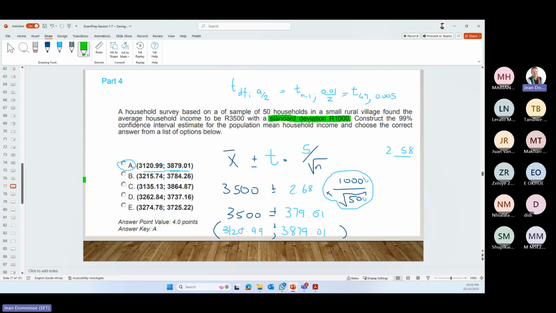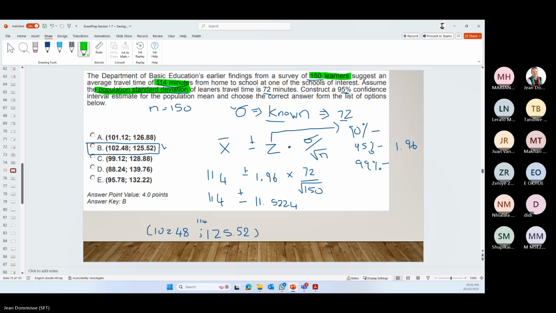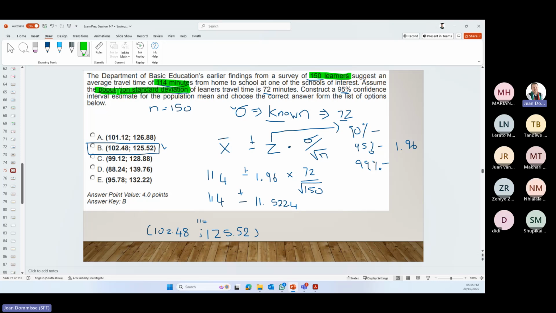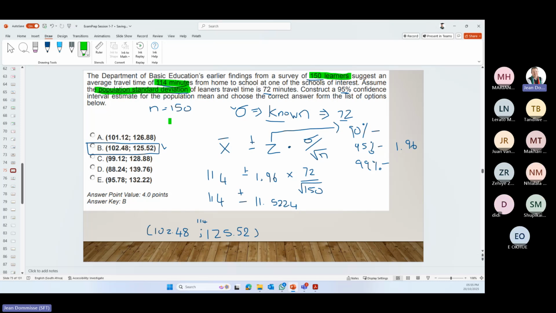So what will normally happen? But with that catching you out, you will definitely not be caught out in the exam. So please look for that, it needs to say population standard deviation.